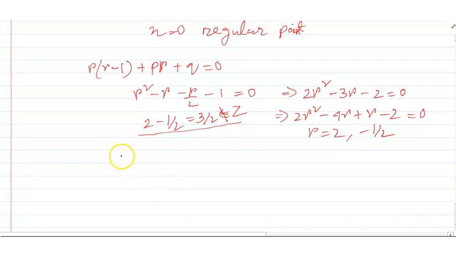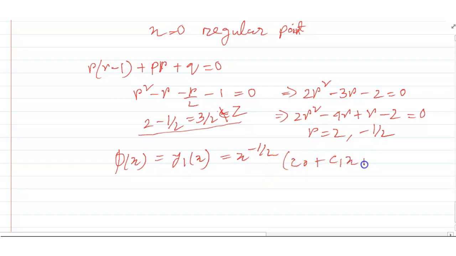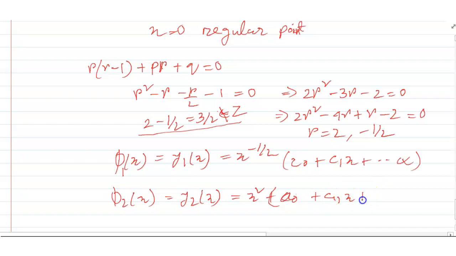So y1(x) can be written x to the power minus half into c0 plus c1x up to infinity, and y2(x) can be written x square into a0 plus a1x up to infinity.